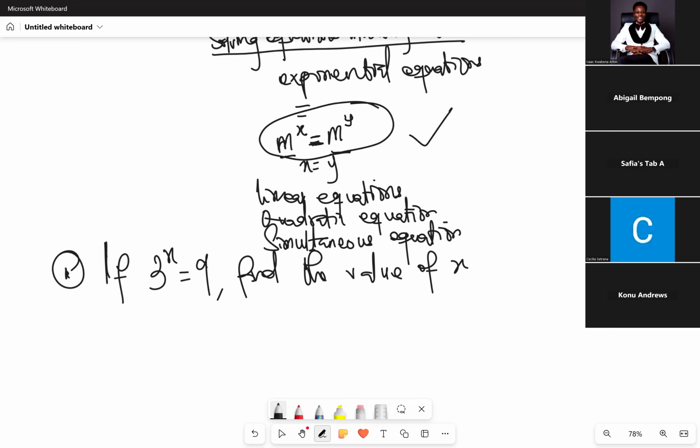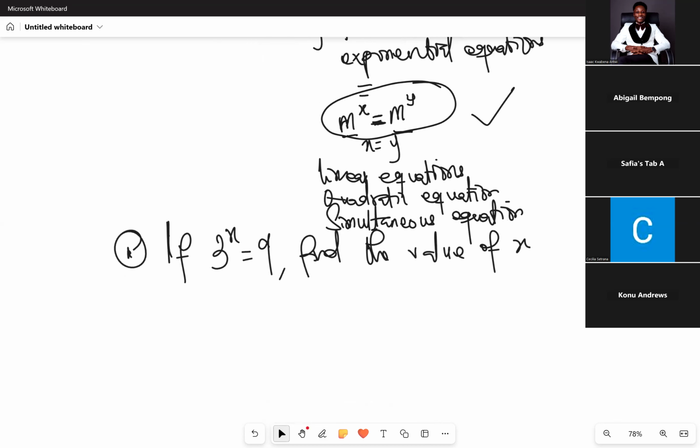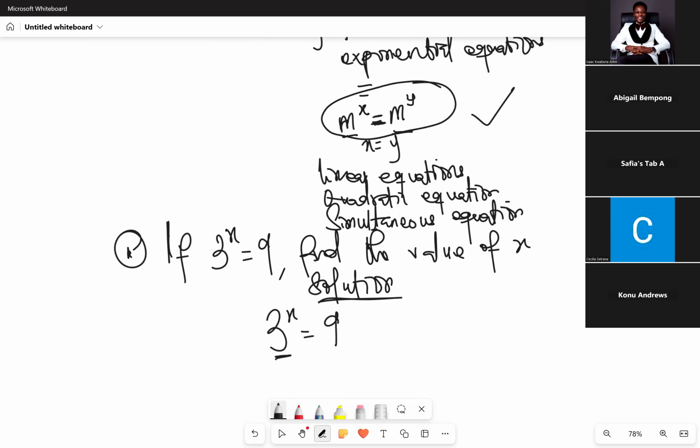If you cannot express it on the same base, then it cannot be solved. But in most cases, once you are given a question like this, it can be expressed on the same base. The question is 3 exponent x is equal to 9. The base is 3. So ask yourself, can you express 9 with a base of 3?